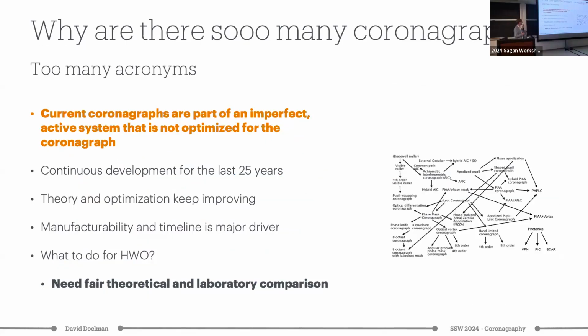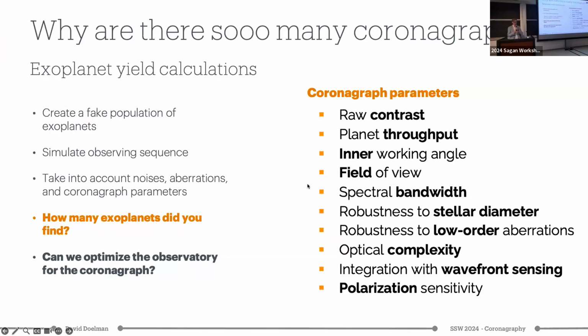So how do we deal with this? Well, the origin of this is that the telescopes are not optimized for our coronagraphs. We're not building off-axis telescopes. We're making on-axis with different segments.